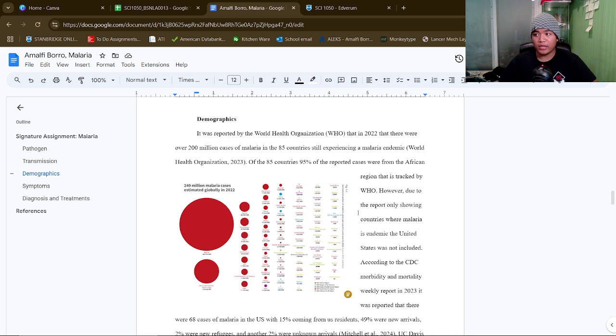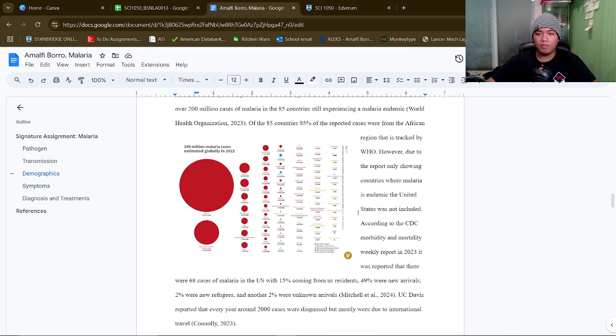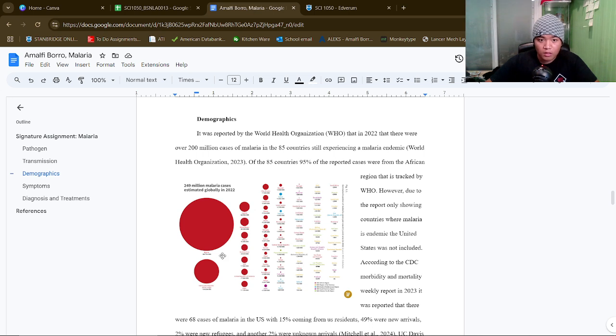They don't record cases in areas where it's not as much of a problem, such as Europe or the Americas, the USA. However, out of the 85 countries, Africa is the most prevalent with malaria, taking up 95% of reported cases of malaria.